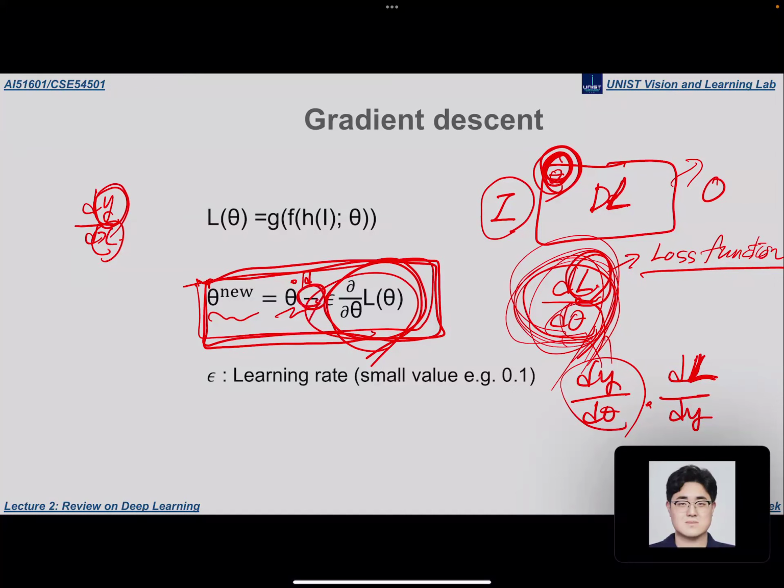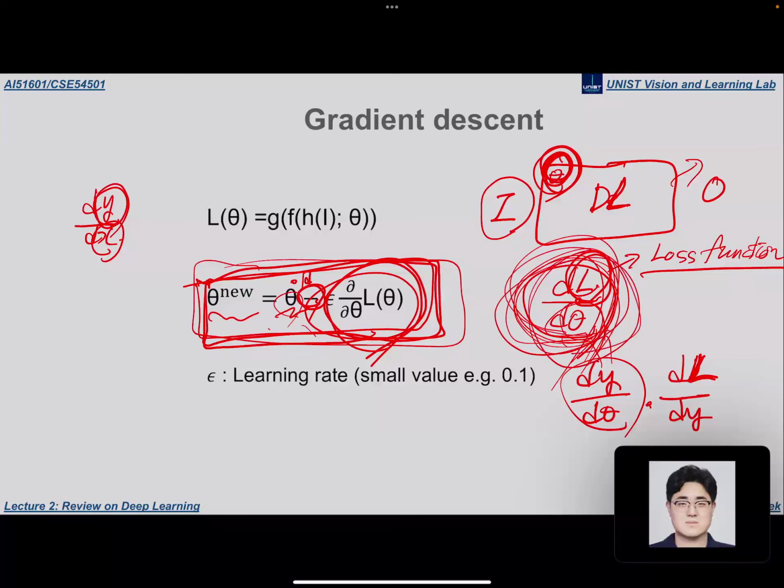And this minus is the direction towards minimizing the loss function. So this term is actually gradually minimizing our loss function. And in that direction, we are updating our parameter vector, okay?